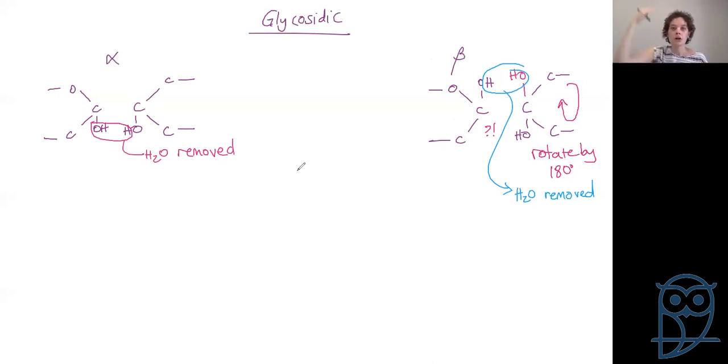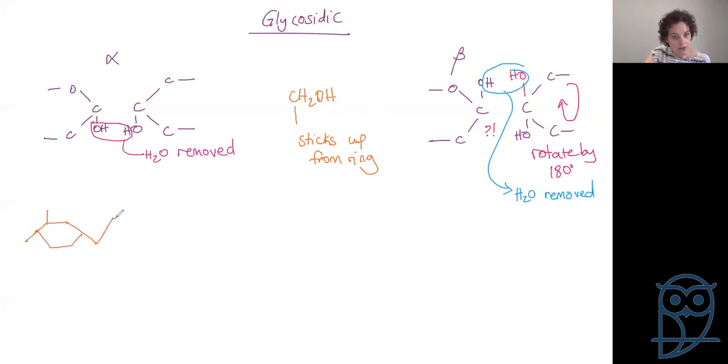So we now have water being removed, but we've had an impact because remember that we have this CH2OH that sticks out from the ring. Now what's going to happen with our alpha is all our CH2OHs are going to be sticking up in the same direction because we've kept our ring in the same order.